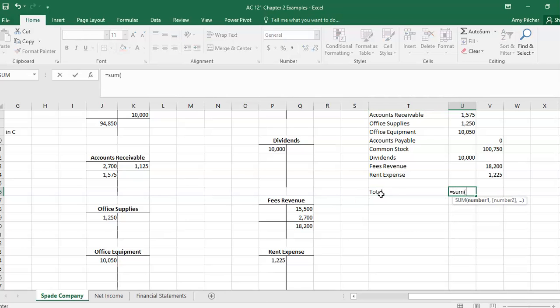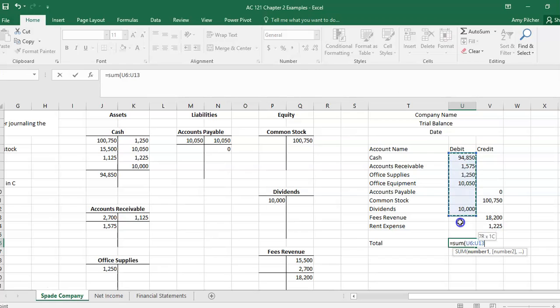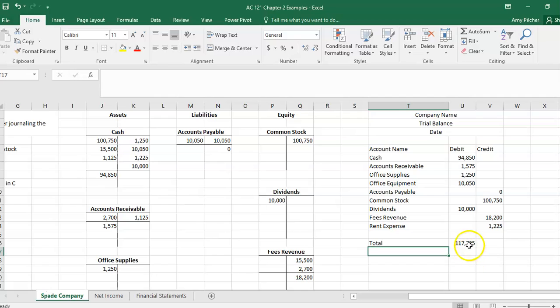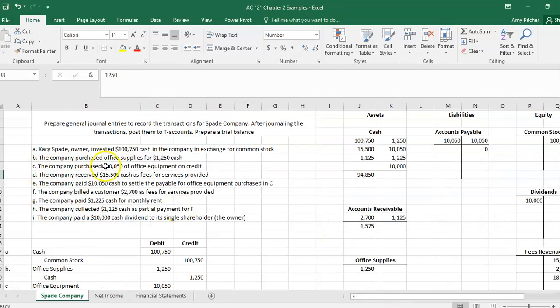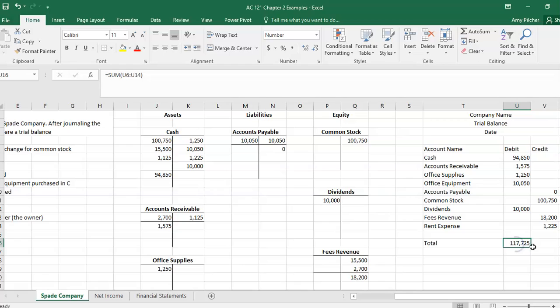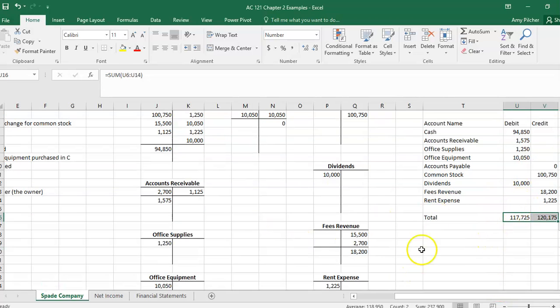Then we total the amounts in each column. And make sure that our debits equal our credits. If our debits do not equal our credits, then we've written something in the wrong column.